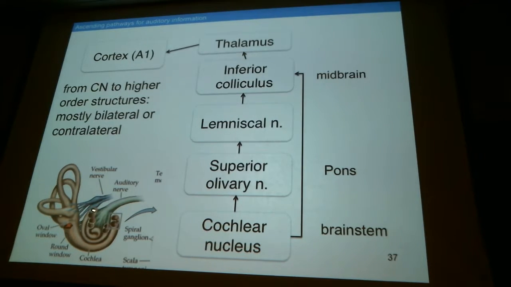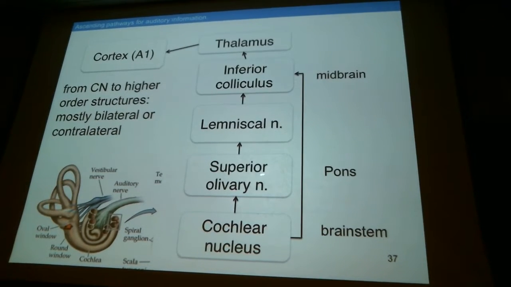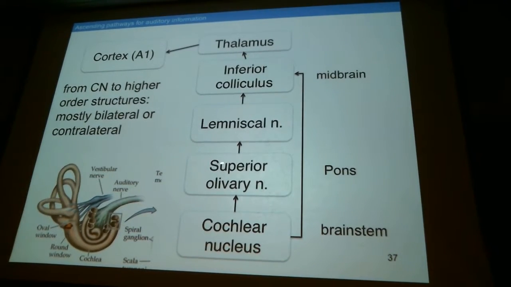The auditory nerve fibers project to the first level in the brainstem, which is called the cochlear nucleus. That receives auditory nerve input. Then, roughly speaking, the cochlear nucleus sends information to the next level, the superior olivary nuclei, which is located in the pons.